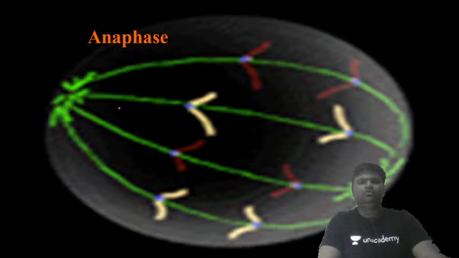You can see the chromosomes attached to the kinetochore, and they are moving and forming a V shape.